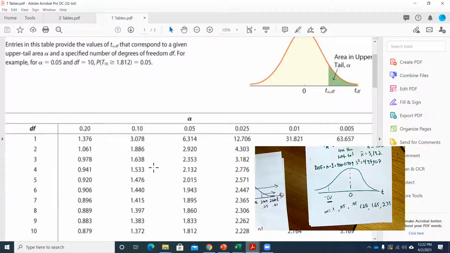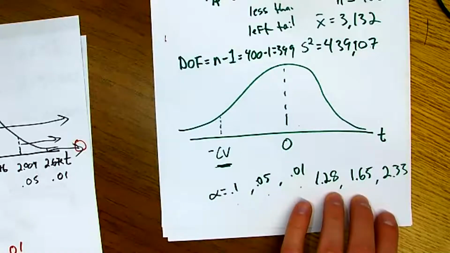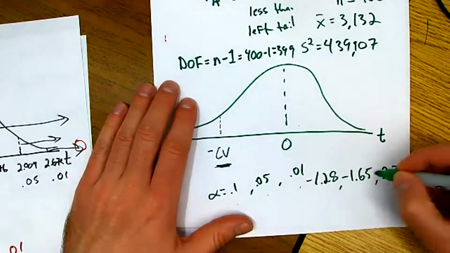It's like I said with the standard normal distribution: you could look up alpha to get the value of your critical value for a right tail test, and then just remember, it's a right tail test, critical values have to be positive. So it's those three values, but for a left tail test, negative.